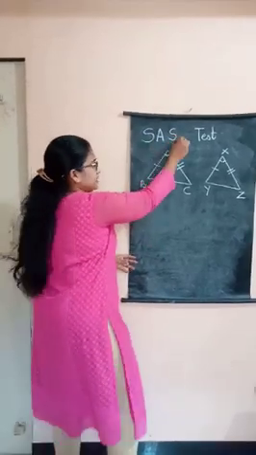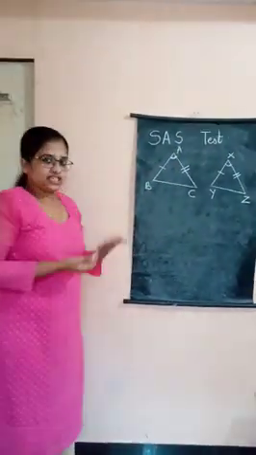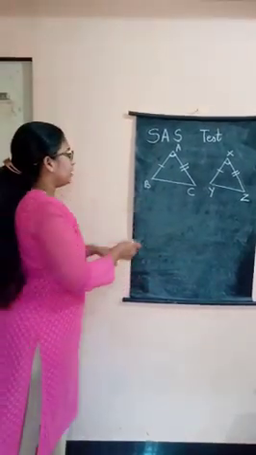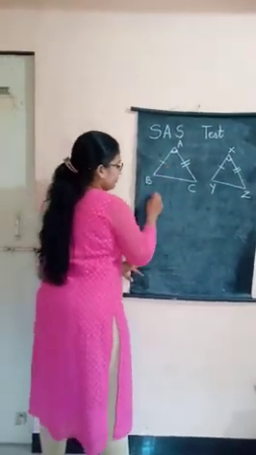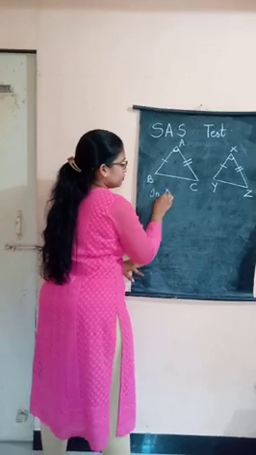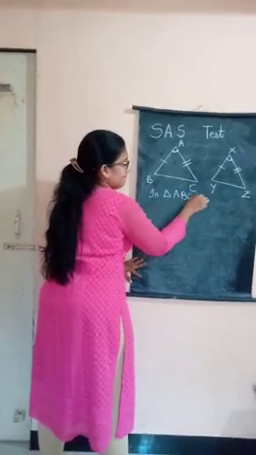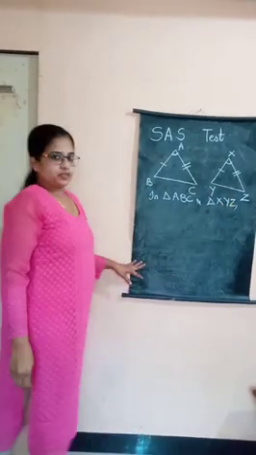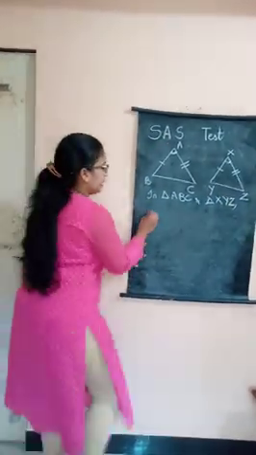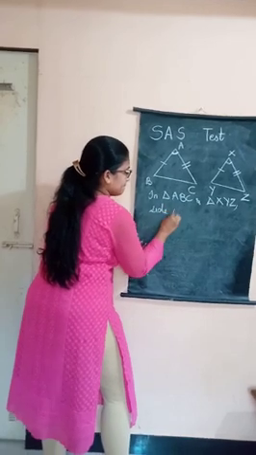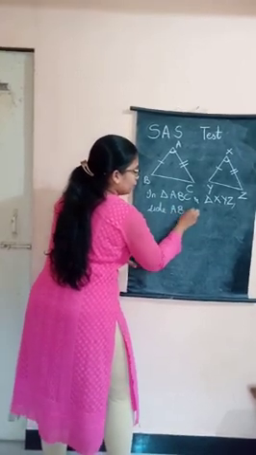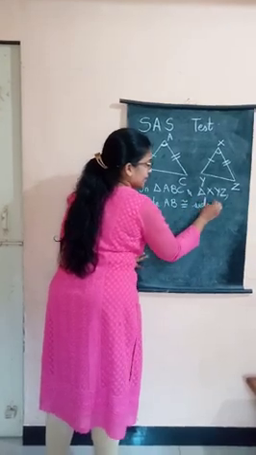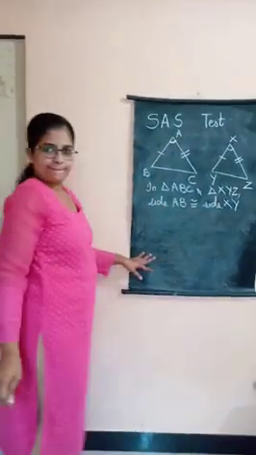So, in the SAS test, if I want to check whether these two triangles are congruent or not, I will compare both the triangles. What do I observe? The first side AB is congruent to the side XY.